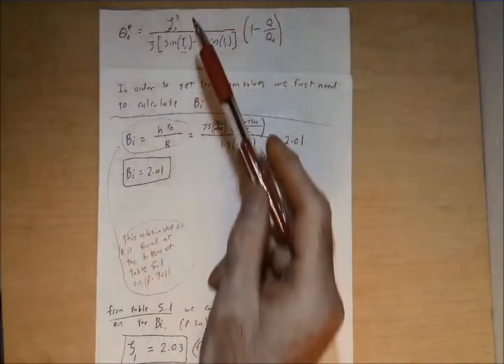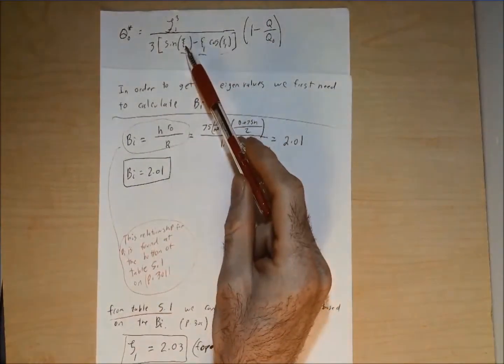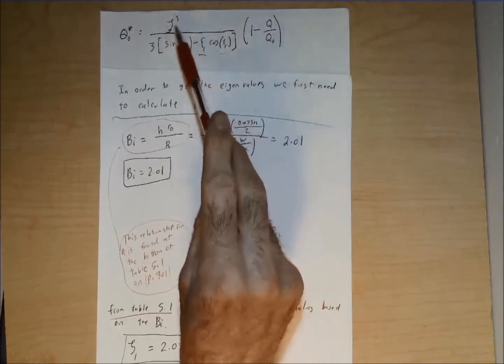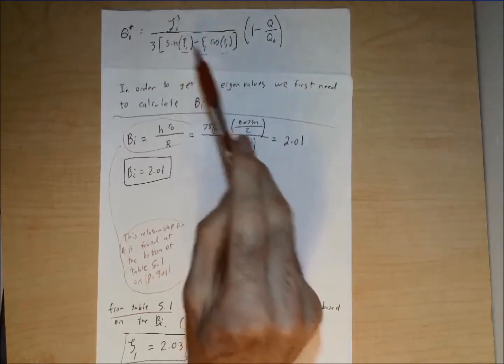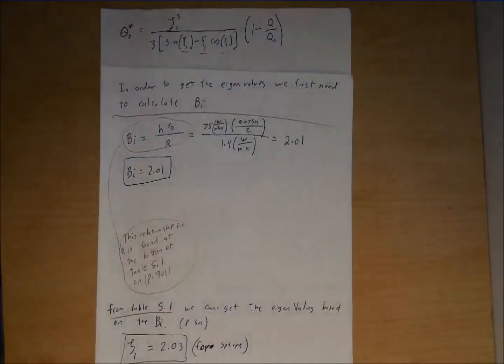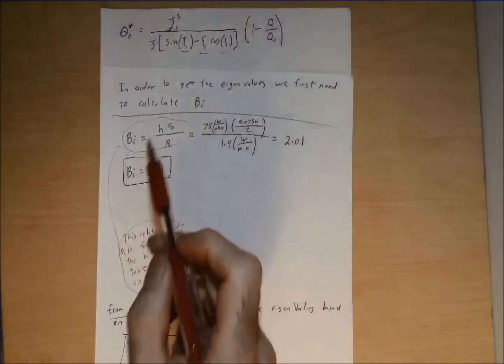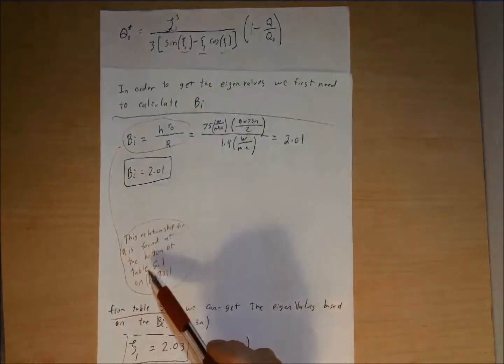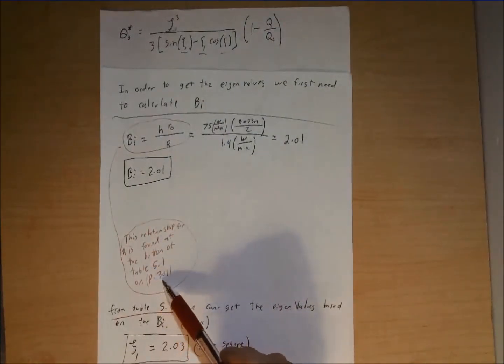So now that we've derived a simplified version of this equation and solved it for the dimensionless center temperature, we realize that we're going to need to find our eigenvalues in order to proceed with our solution here. In order to get these eigenvalues, we first need to calculate Bi, where Bi is taken from an equation at the bottom of table 5.1 on page 301 of our textbook.